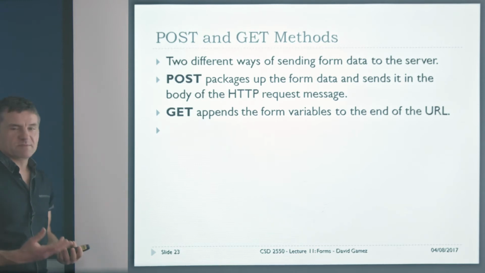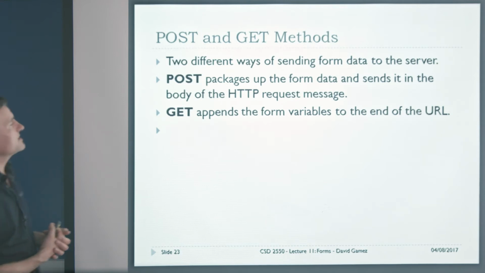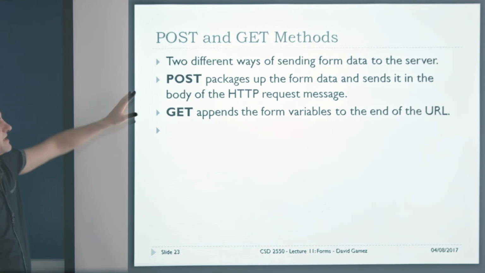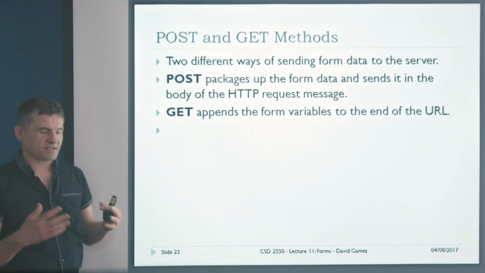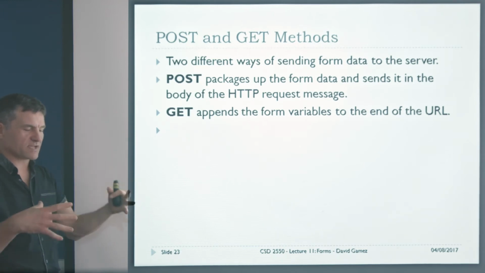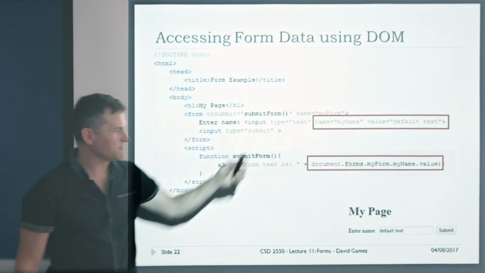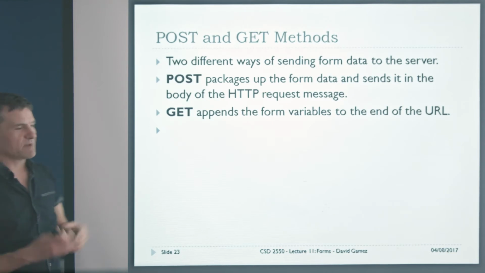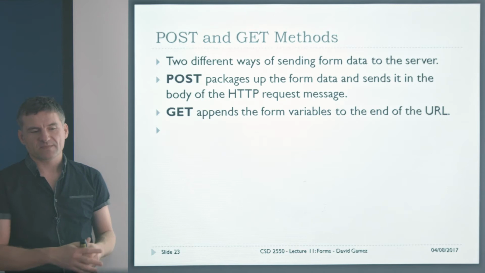Now, there are two different ways in which forms send data to the server. This will probably be more useful next term than this term, but I'm going to put it in here anyway. So we have post and we have get. What post does is package up all the data in the input fields inside the form and put it in the body of the HTTP message that's being sent to the server.